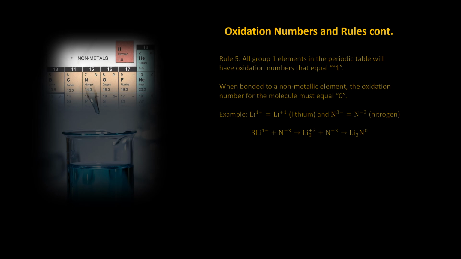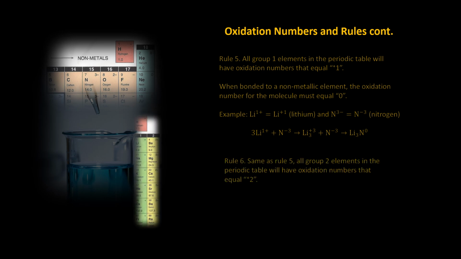Nitrogen has an oxidation number of -3. Both species will have the respective ionic charges as both are simple ions. Therefore, the molecule formed will have an oxidation number that equals 0, as it will take 3 lithium atoms to form the molecule. Therefore, 3 times the +1 plus the -3 will equal 0. Therefore, lithium nitride has an oxidation number of 0.